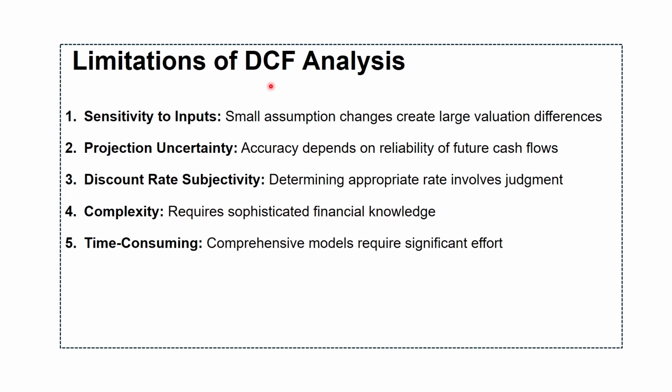Second, projection uncertainty arises because the accuracy of DCF analysis depends entirely on the reliability of future cash flow projections, which become increasingly uncertain over longer time periods. So we have seen in some property types we are taking more than 5 years period for our projection.